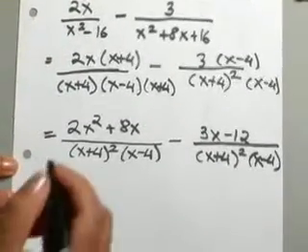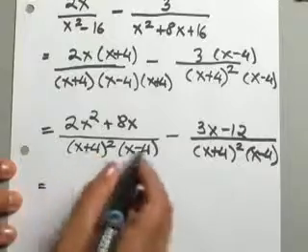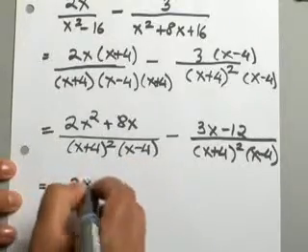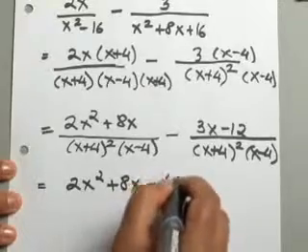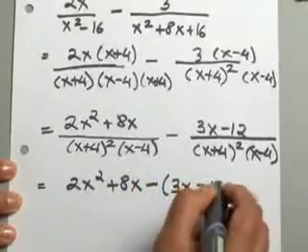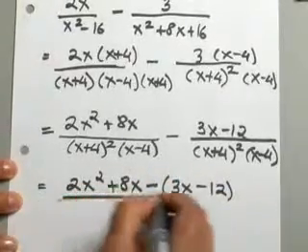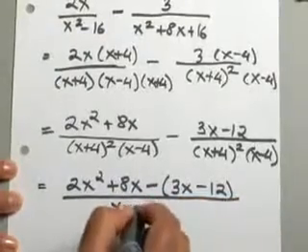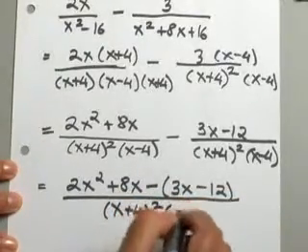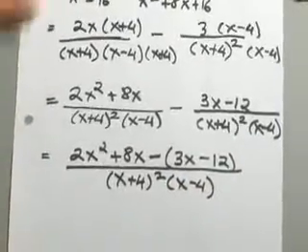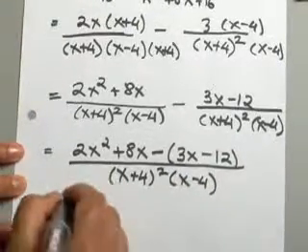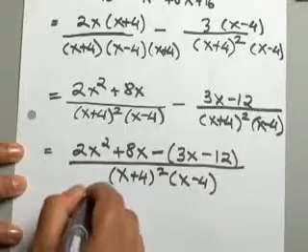And let's see, that will give us 2x squared plus 8x minus, and then again remember, always put the second numerator in parentheses, and this whole thing now will be over the common denominator. Right, so let's see what will happen when we simplify this.